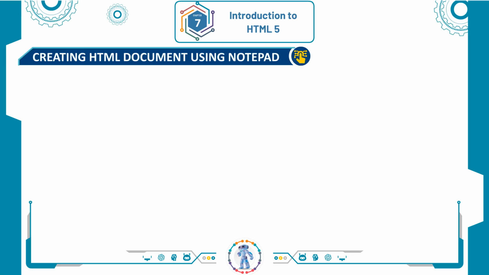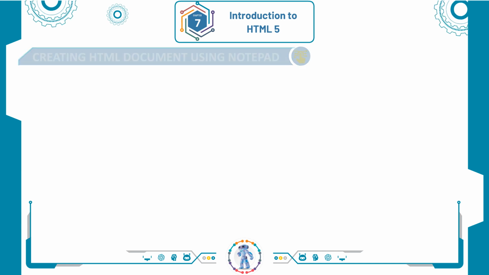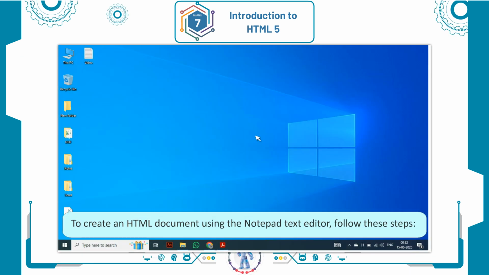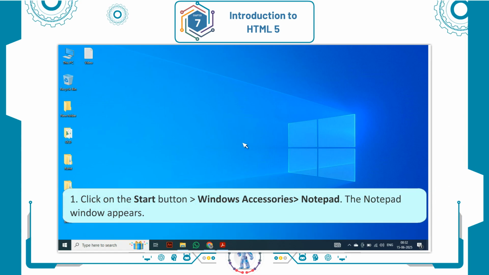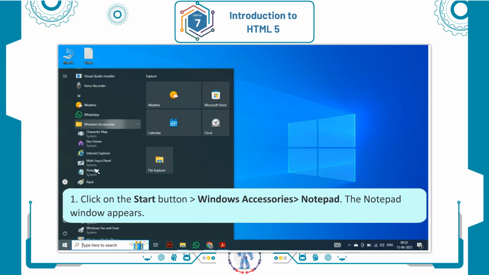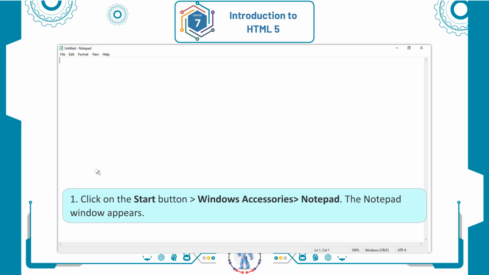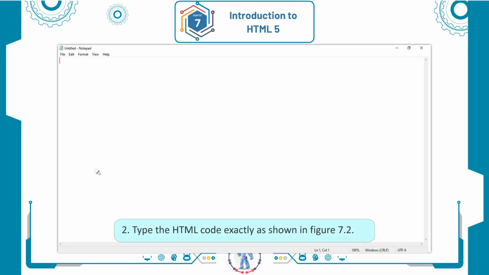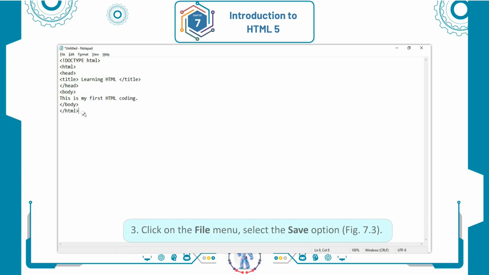Creating an HTML document using Notepad. To create an HTML document using the Notepad text editor, follow these steps. 1. Click on the Start button, Windows Accessories, Notepad. The Notepad window appears. 2. Type the HTML code exactly as shown in Figure 7.2. 3.